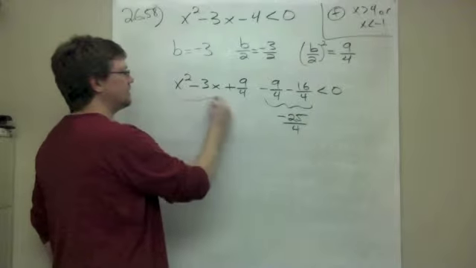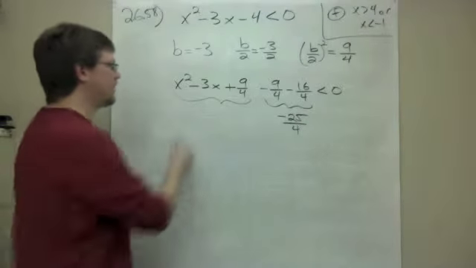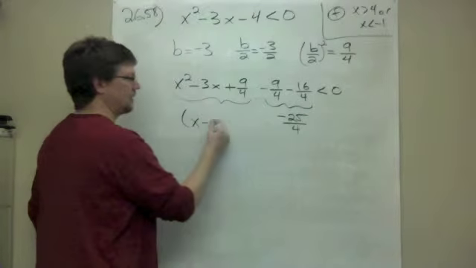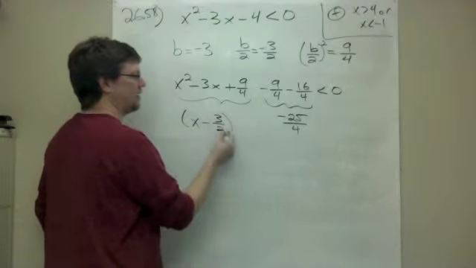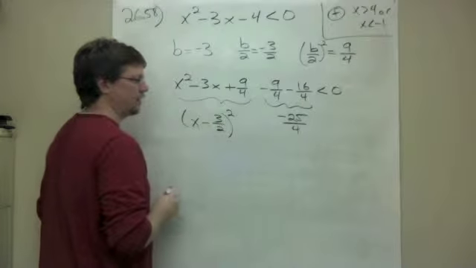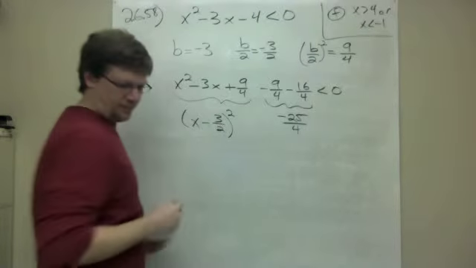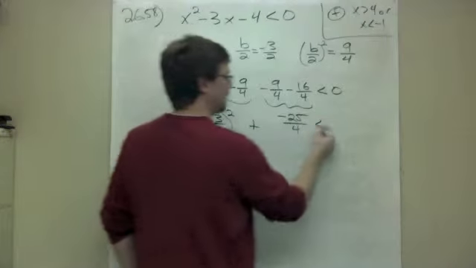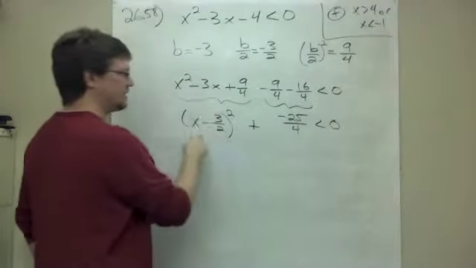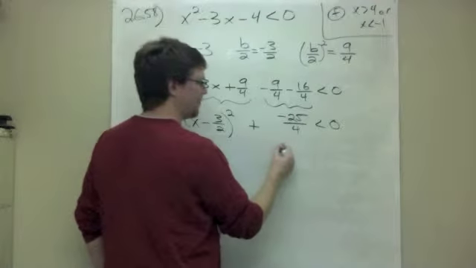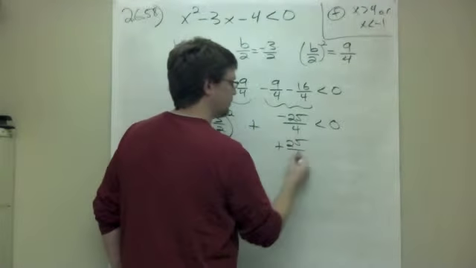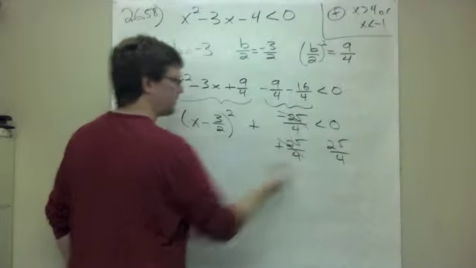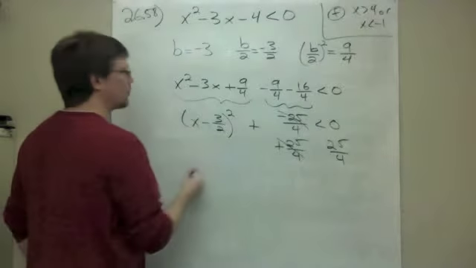Over here, this is our perfect square. This is x minus 3 halves, squared. If I add 25 fourths to both sides, this will cancel here, leaving us with our square.